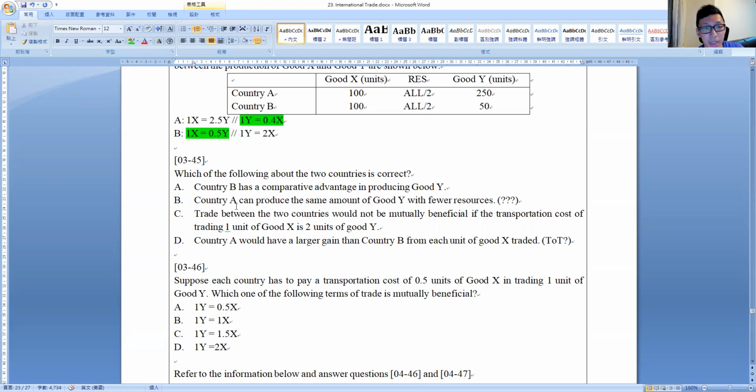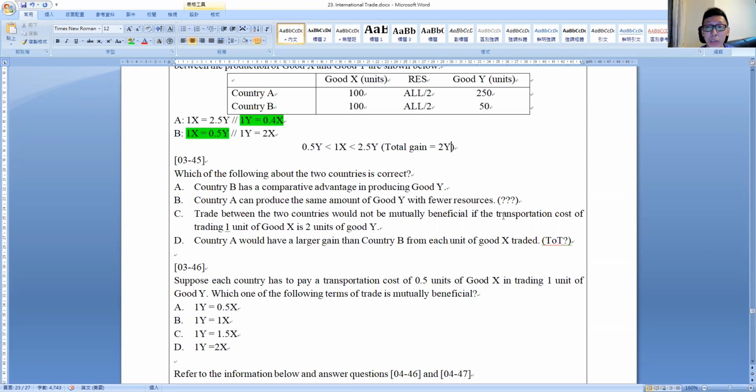Let's look at C. Trade between the two countries would not be mutually beneficial if the transportation cost of 1x would be 2y. So let's look at here. Now the possible terms of trade would be 0.5 to 2.5. Do you see? The total gain would just be 2y when they engage in trade. So you can only gain 2y maximum.